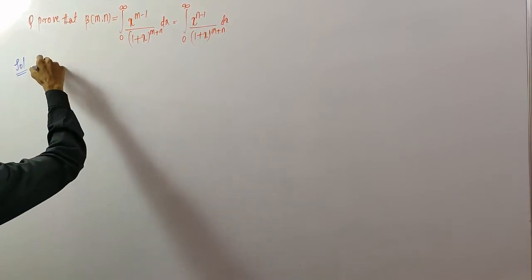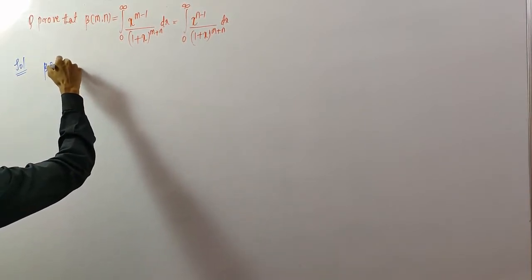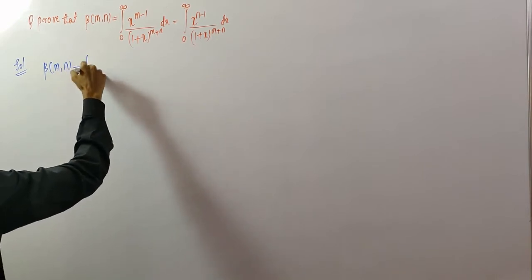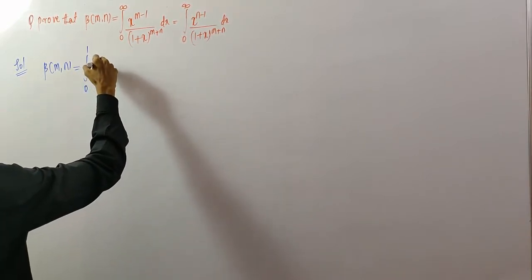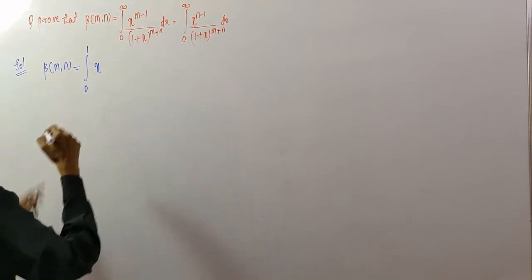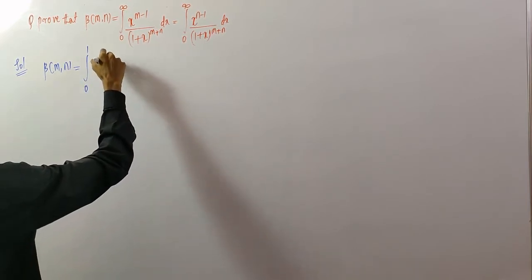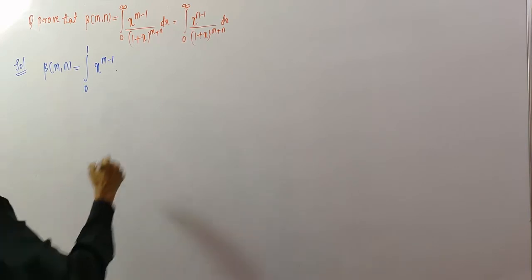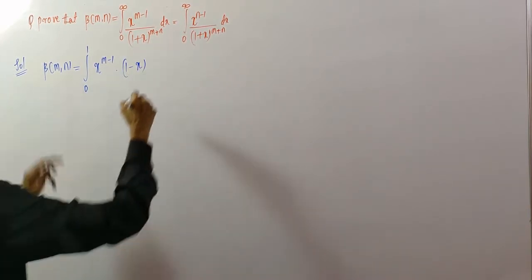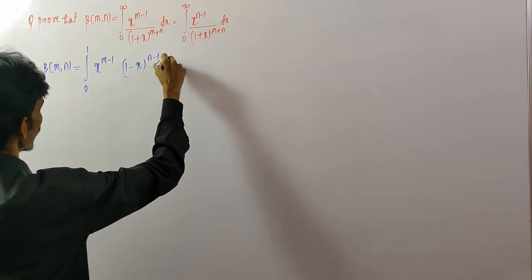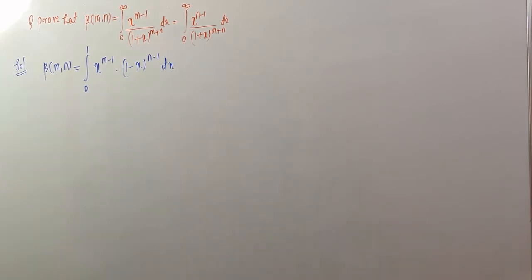We know that beta of m comma n is equal to integral 0 to 1 x power of m minus 1 into 1 minus x whole power of n minus 1 dx.